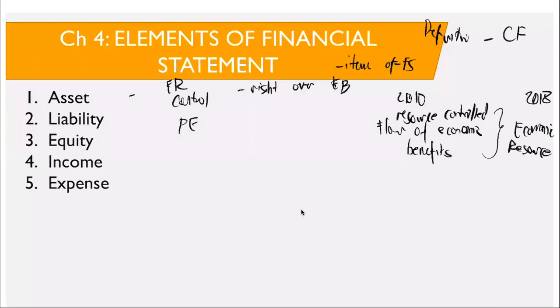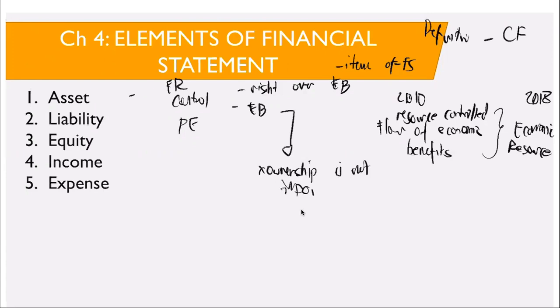Another particular characteristic of your asset is the presence of control. When we say there is a presence of control, what you look into here is the control over the economic benefits. Take note, as a requisite of an asset, ownership is not important.